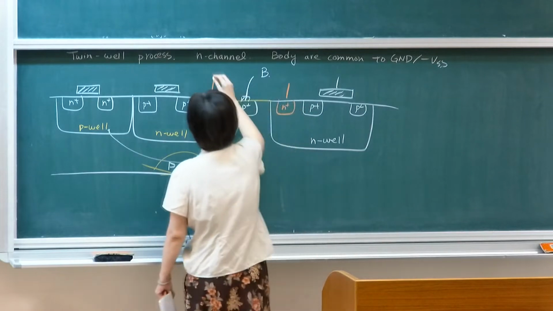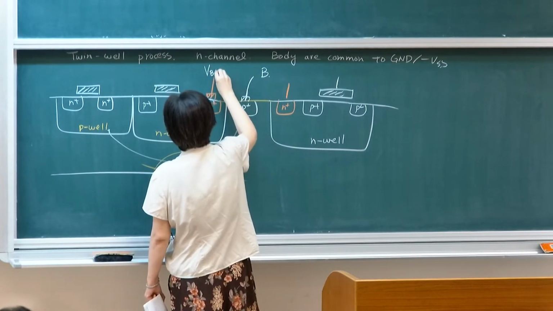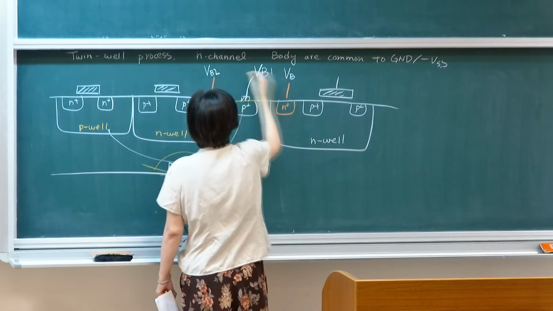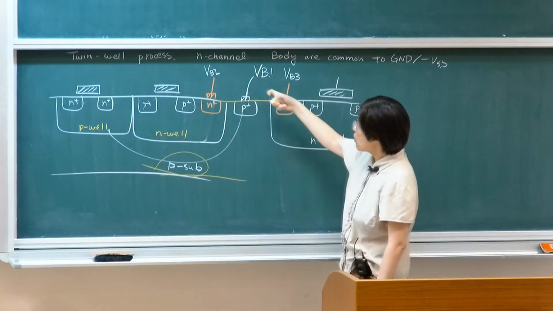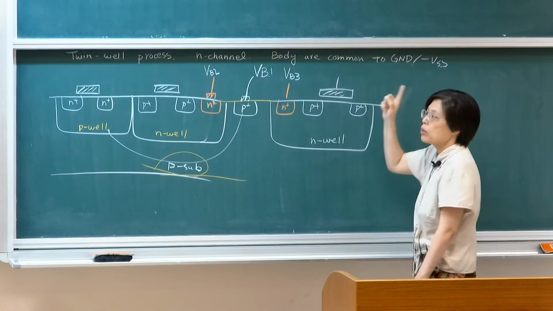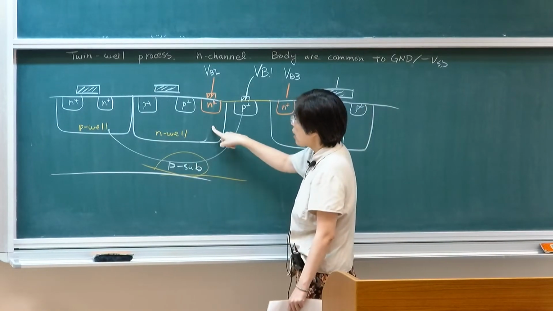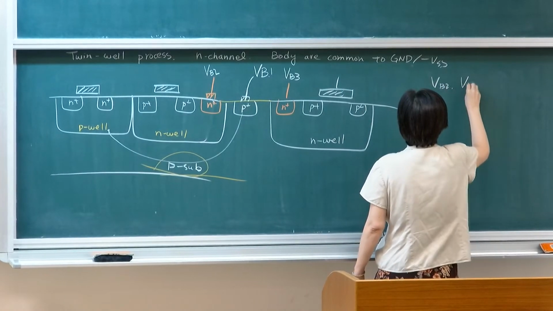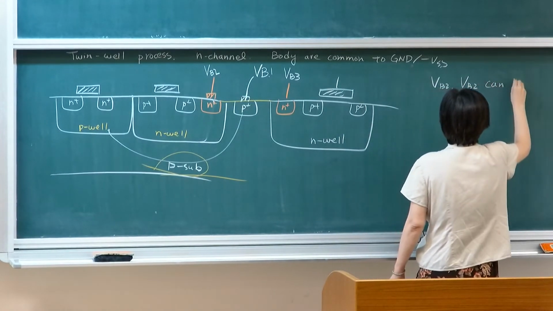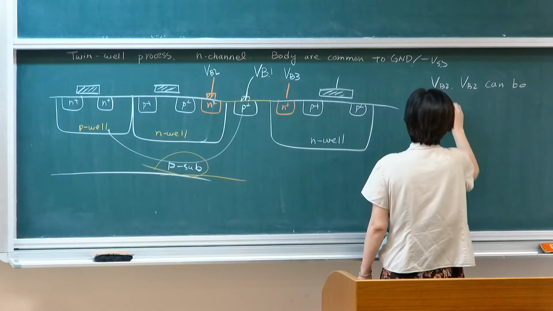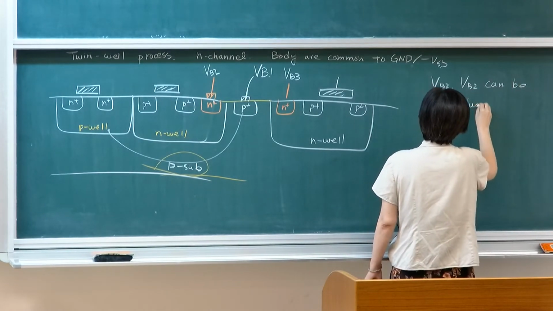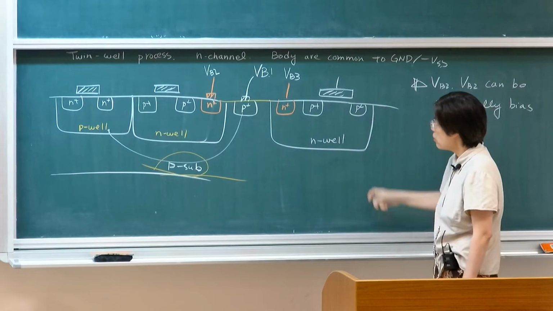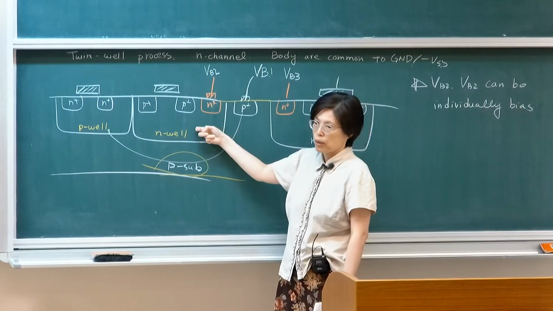Let's say this is VB1, VB2, and VB3. VB1 can only be one value, because they're common to the substrate. But the N well is not common to the substrate. Therefore VB2 can be individually set, so this well can have a different potential from this well.